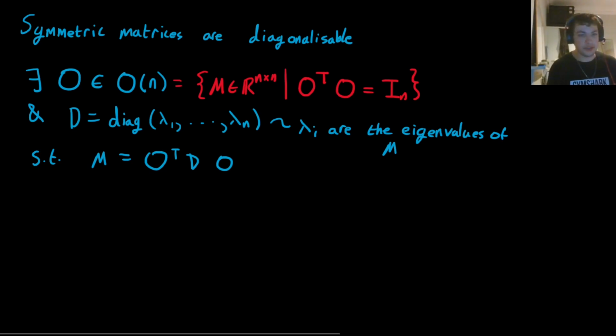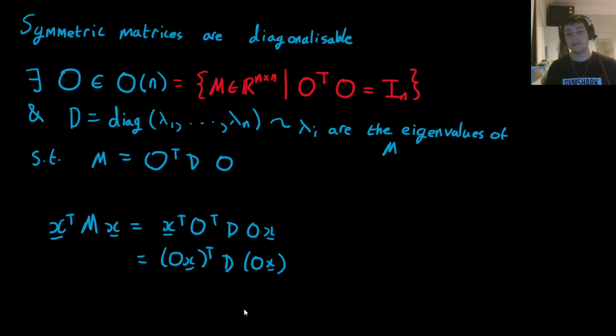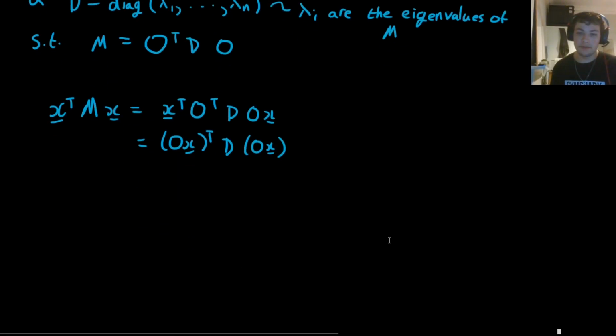Okay, so what can we say about this? Well, x transpose M x is going to be x transpose O transpose D O x, which is (Ox) all transposed D (Ox). Then we have j dotted with x.